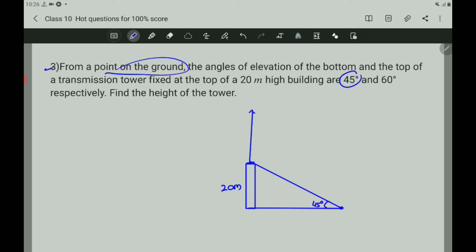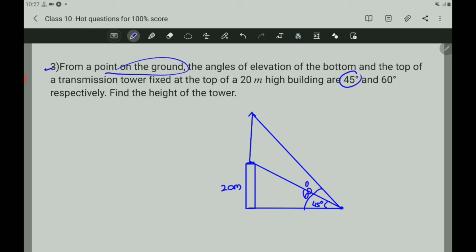Then the angle of elevation of the top of the transmission tower. What is that angle? That angle is 60 degree.